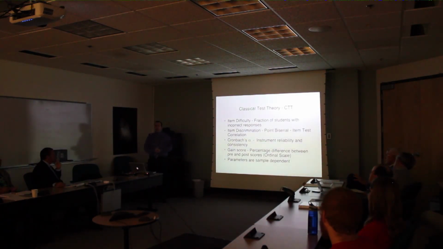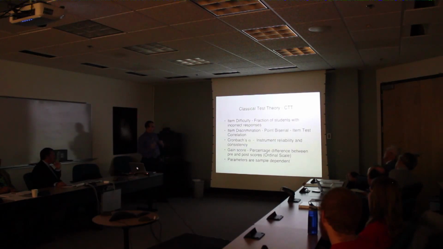And so we performed a classical test theory analysis to begin with on the LSCI, which gives us an item difficulty, basically the fraction of students with incorrect responses, item discrimination, how well doing well on an item correlates with doing well on the exam, Cronbach's alpha, which is basically a measurement of how consistent the items are within each other, the gain score, which is a difference between a student's pre-test and post-test.